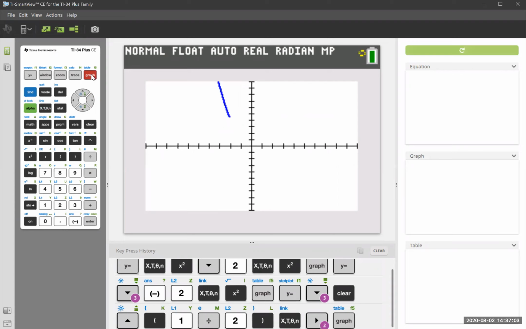So again, here's our parent function. And here is what happens when I multiply our quadratic by a 1/2 instead. Notice that instead of being inside when it was closer to the y-axis, it's now actually further out. So essentially what we are doing here is we are compressing it.